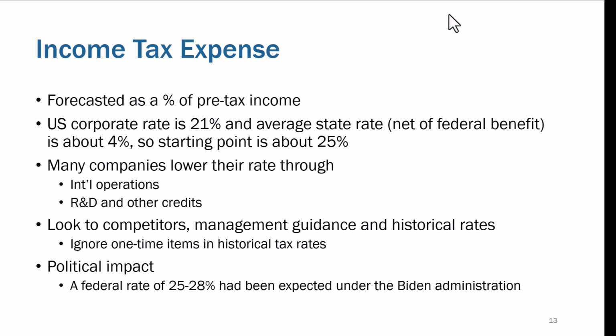I'm recording this in August of 2024. So certainly as we get closer to the election, and then whoever wins the election this fall, we could end up seeing some signs about movements in tax rates. So plan accordingly with that one.